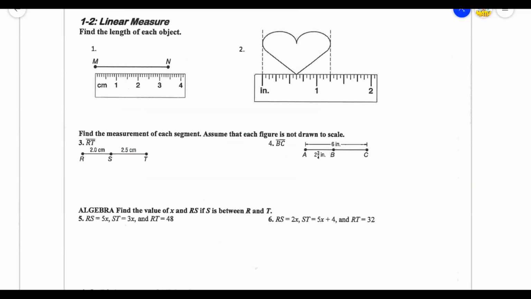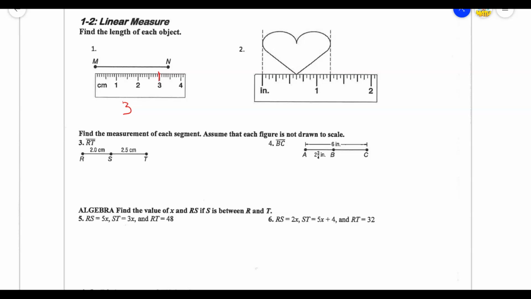Okay, so once we got to the point where we were comfortable naming points, lines, and planes and picturing these different situations, now we move on to linear measurement. So I have a couple of segments up here and I have the rulers. I want to be able to look at how long these segments are. So we start with segment MN. How long is that? Well, we know we have 3 whole centimeters by the time we get here.